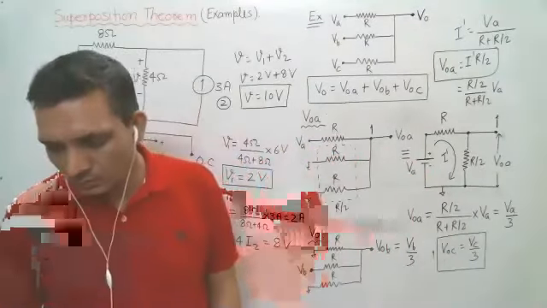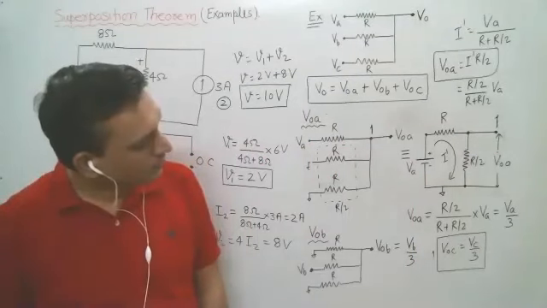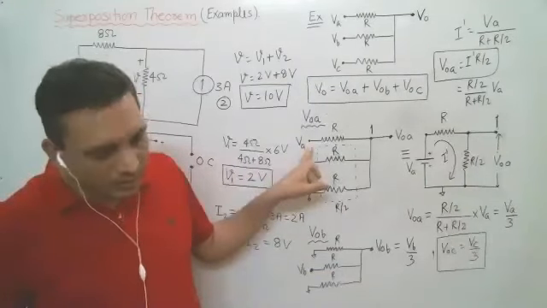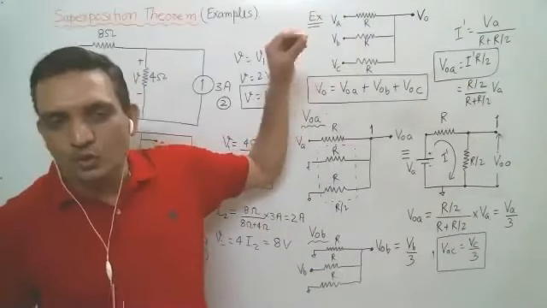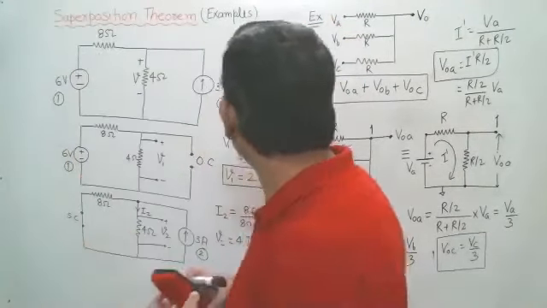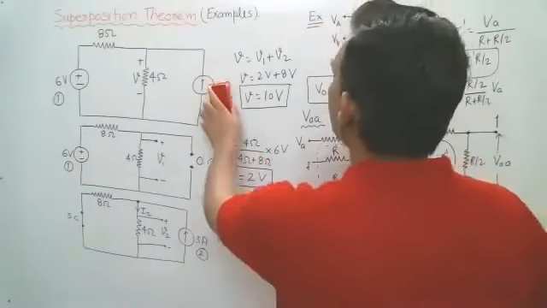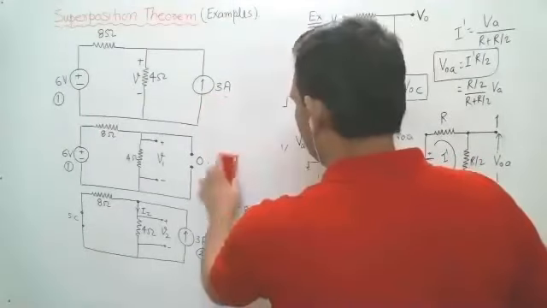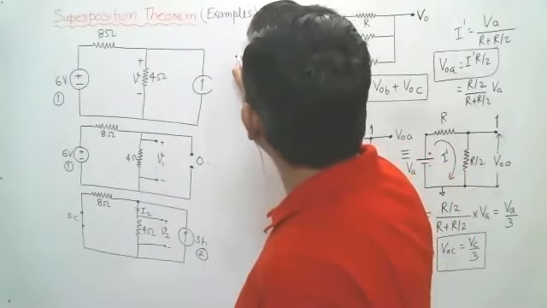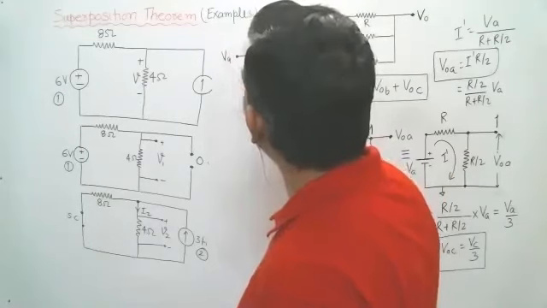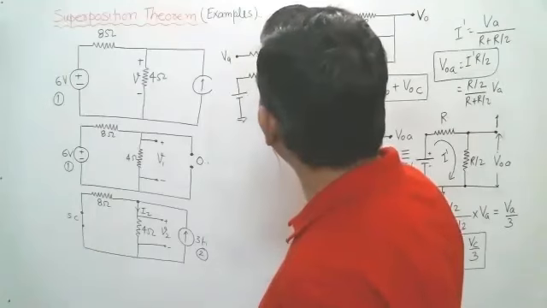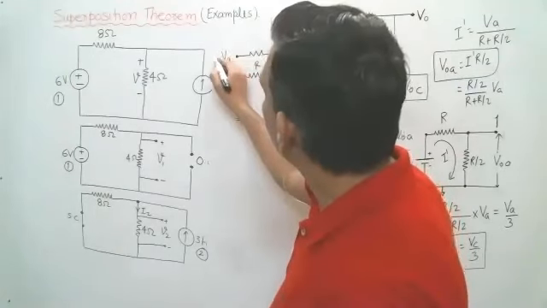Sir, in the first diagram VA is not grounded, but in the equivalent it's connected with ground. Actually, a source is normally represented by this symbol also. Let's say if this source is VA, what does it mean? This is plus VA.